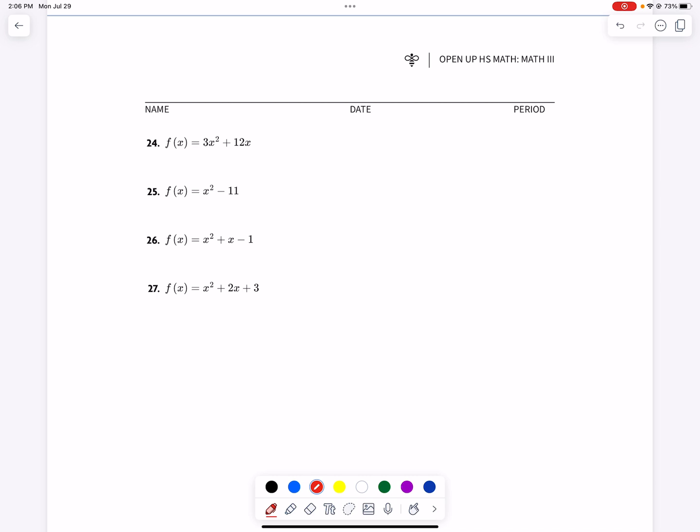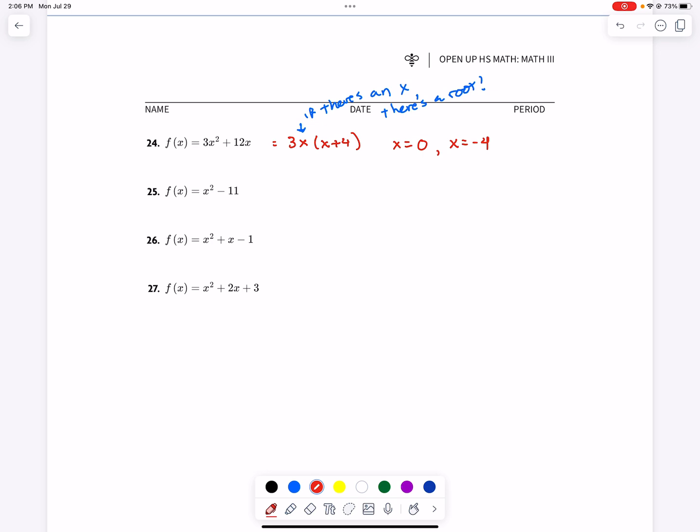Factor out of 3x. There's two roots, don't forget. X equals 0. How do you factor x squared minus 11?